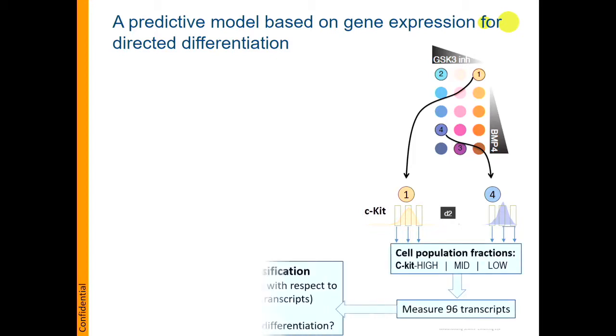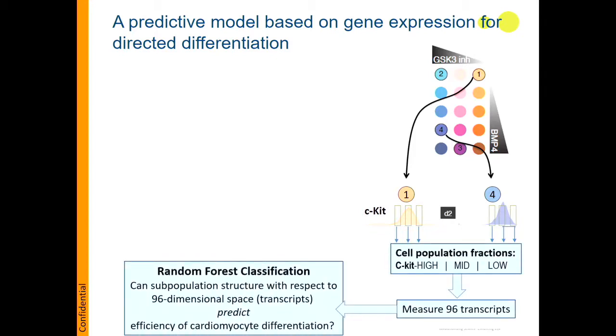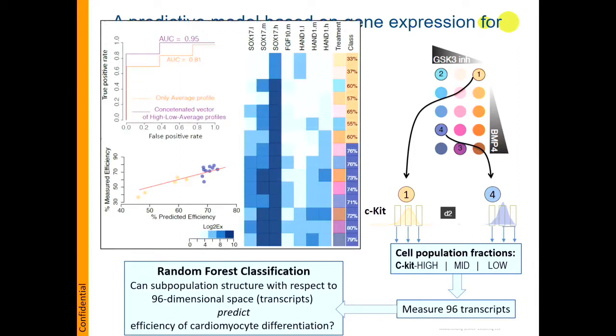And what we can construct here is a classifier, a random forest-based classifier, to predict the efficiency of differentiation. Essentially, you can capture cells at day 2.5, measure expression profiles for all these 96 genes, or in this case, probably just a handful of 3 or 4 genes, and predict what will be the efficiency at the end of day 15 or day 20.